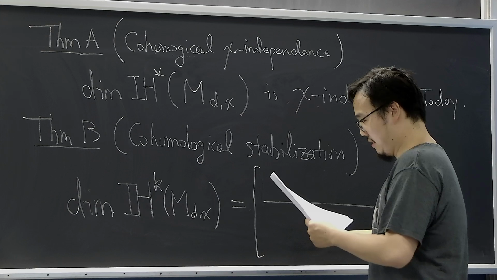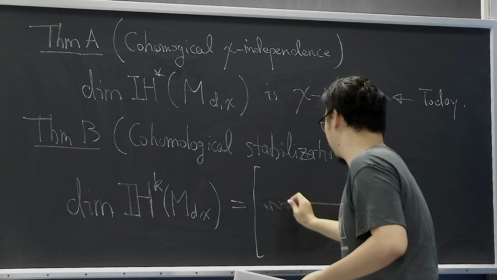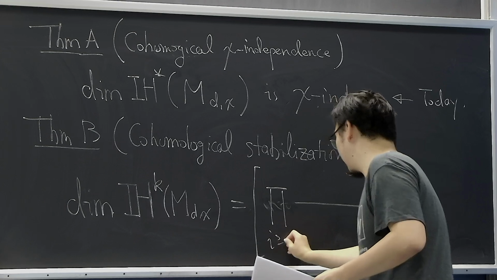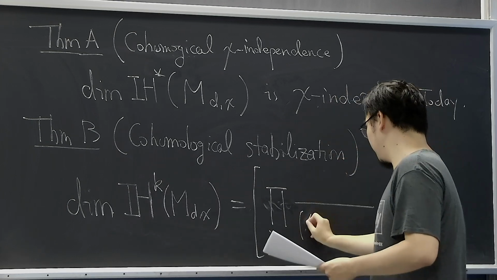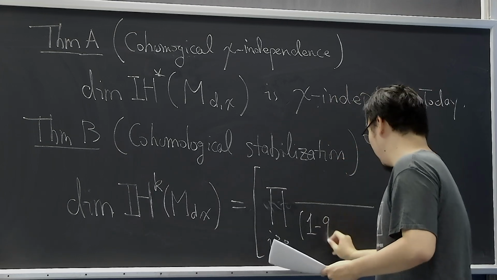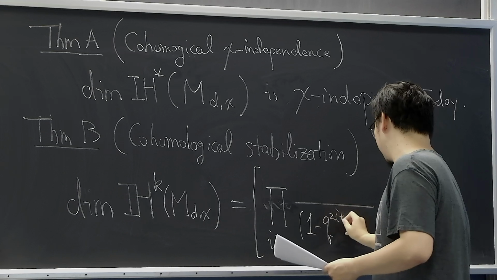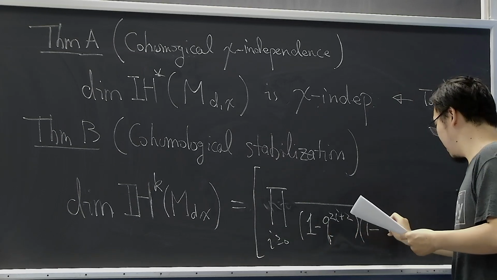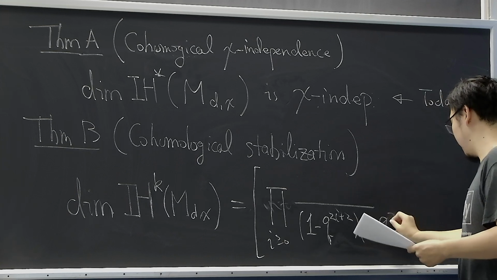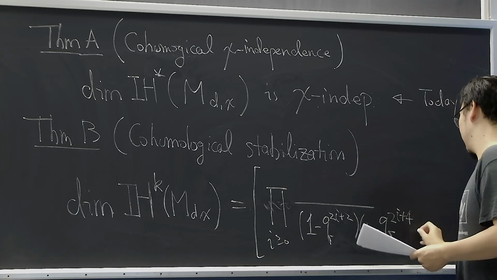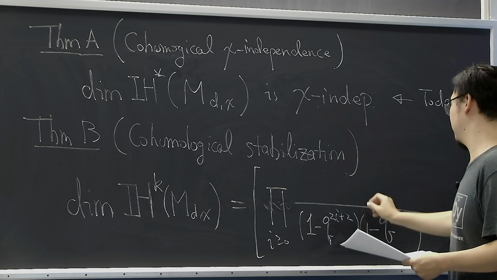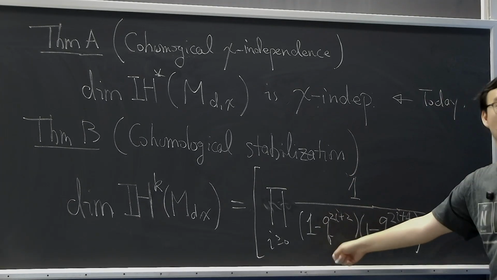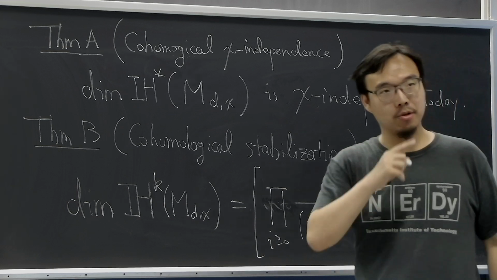This is an infinite product formula. In the denominator you consider 1 minus q^{2i+2}, 1 minus q^{2i+4}, and you consider 1 over this. This is of course an infinite series in the variable q.